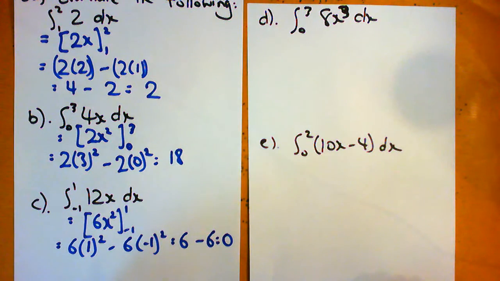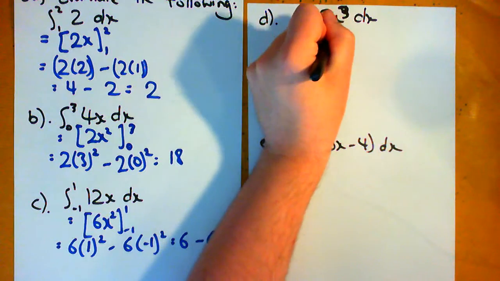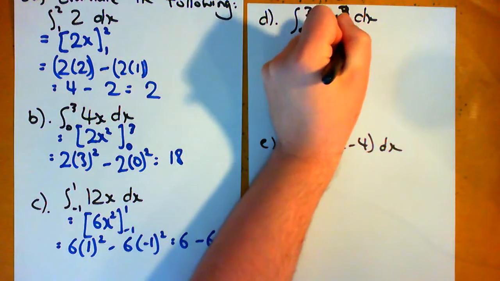Okay, question D. We have integral from 0 to 3 of 8x cubed dx. So if we integrate x cubed, that gives you x to the 4 over 4. So the integral of 8x cubed will be 8 times x to the 4 over 4, which gives us 2 times x to the 4.